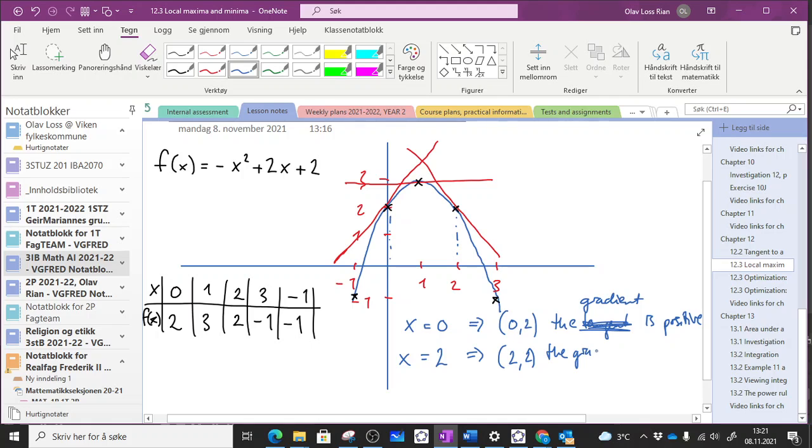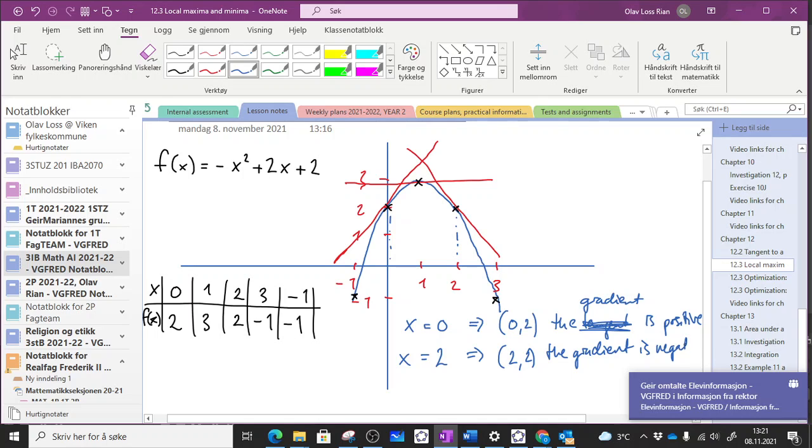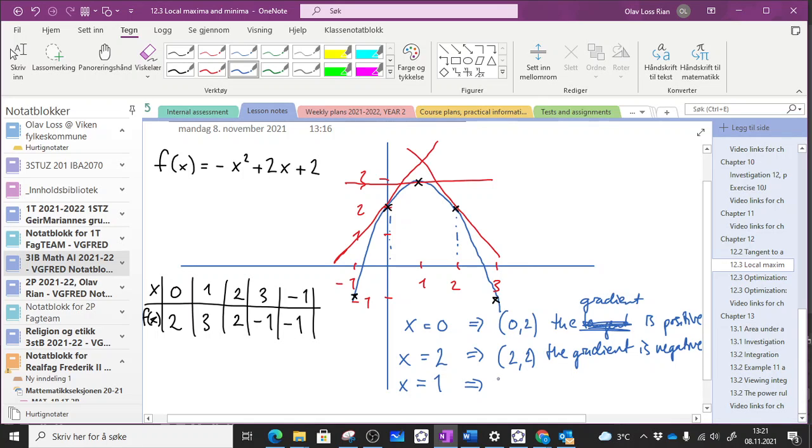And we can establish that the gradient of the tangent at that point is negative because the line is sloping downwards. And the final example, at this point where x is equal to 1, this is the point with coordinates 1 and 3, we notice that the gradient is 0.